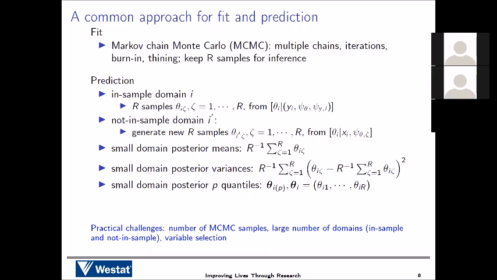For the employee compensation example that I gave, I'm working with a very large number of domains: 16,000 in-sample domains and more than 500,000 not in-sample domains. So constructing predictions for that large number of domains is computationally intensive. And finally, variable selection. If we use covariates for the linking model, x i, then we have to use variable selection techniques. The more variables we have to select from, the more complicated it can get.